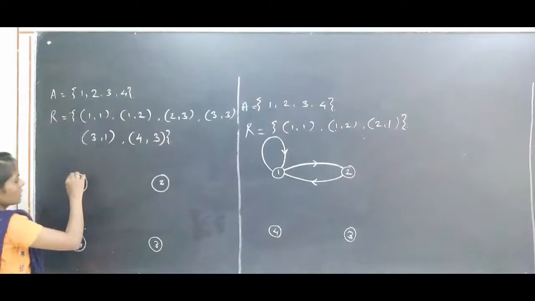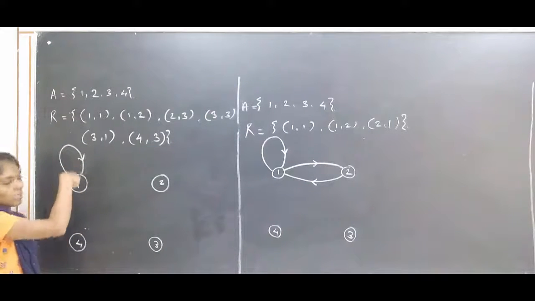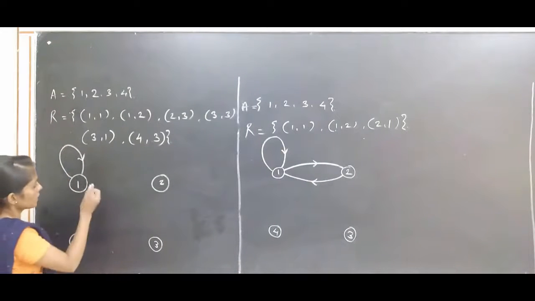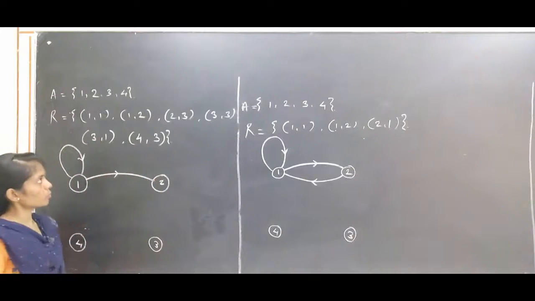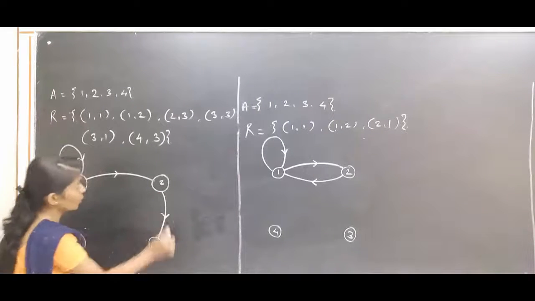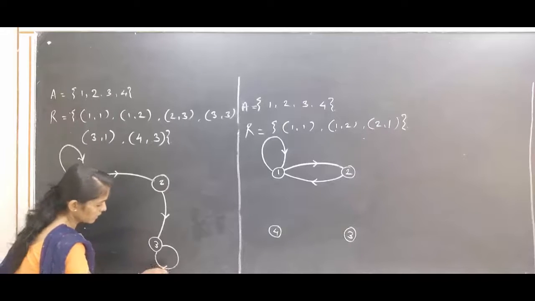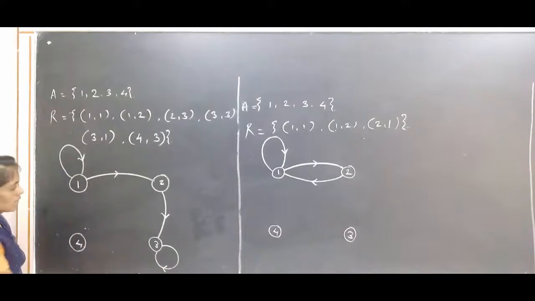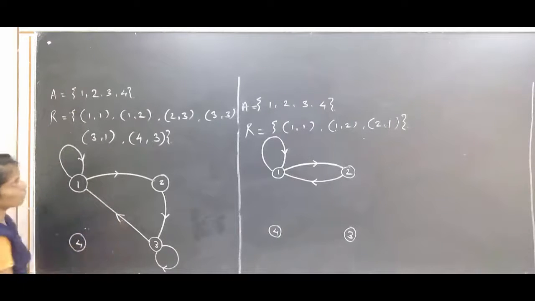Now 1 is related to 1, so this is a loop. This 1 to 1 is called a loop. Then 1 is related to 2, from 1 to 2. 2 is related to 3, so from 2 to 3. Then 3 is related to 3, 3 to 3. 3 is related to 1, 3 to 1.